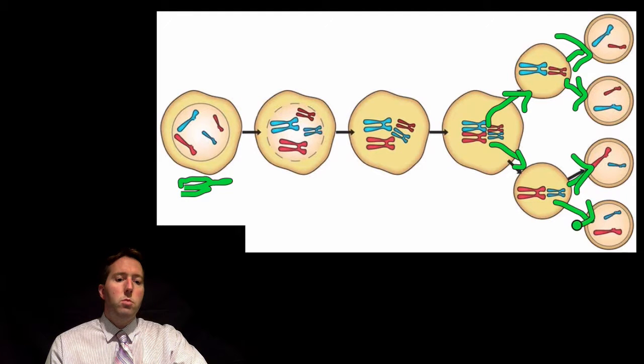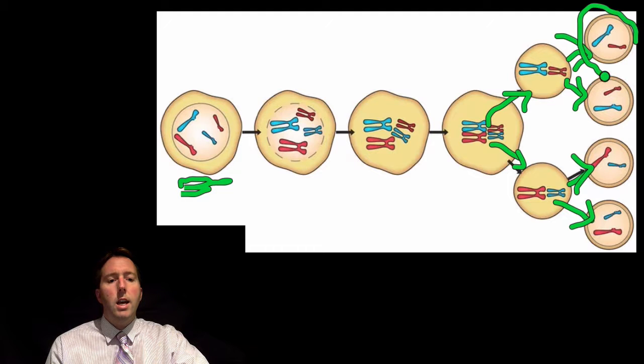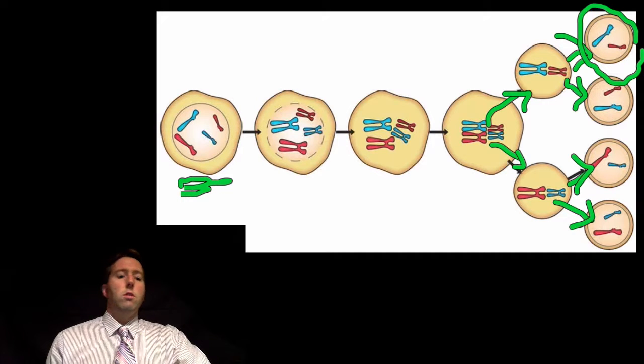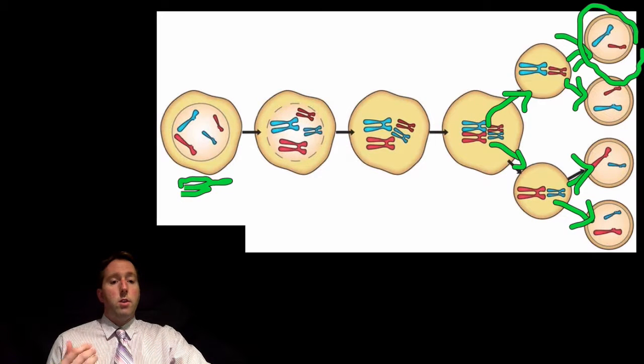So meiosis produces 4 daughter cells, and if you have a look here closely, each daughter cell has got half the number of chromosomes that the parent cell had. So meiosis produces sex cells, and those sex cells have half the number of chromosomes.